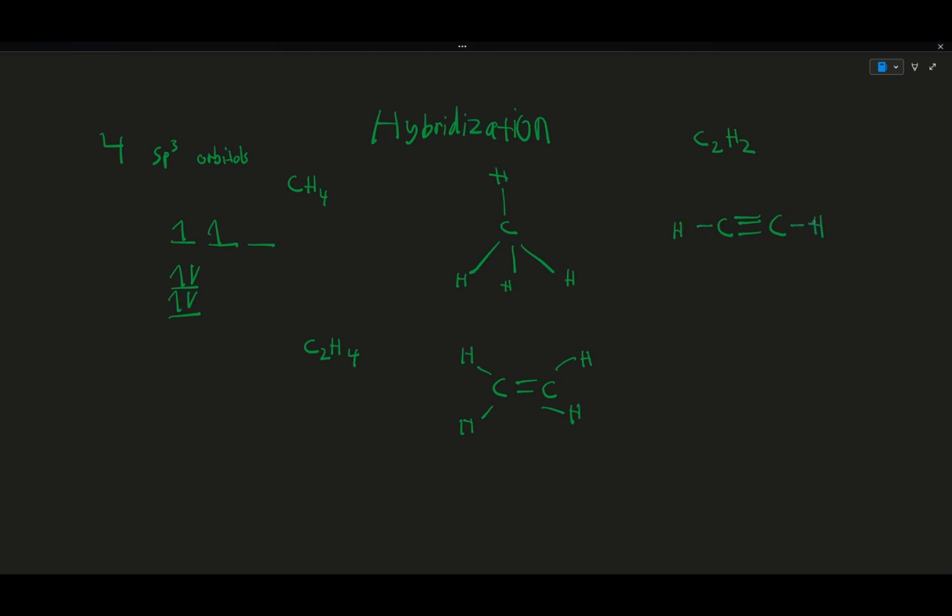In this sp hybridized compound, acetylene, the carbons mix one s and one p orbital, leaving two unhybridized p orbitals on each carbon. Those unhybridized orbitals form two perpendicular pi bonds, seen here. This produces the C≡C triple bond, along with the sigma bond between the carbons. So you have a sigma bond and two pi bonds between them, forming the triple bond.